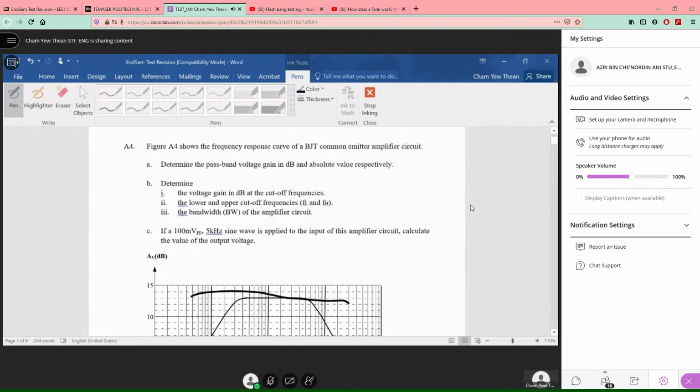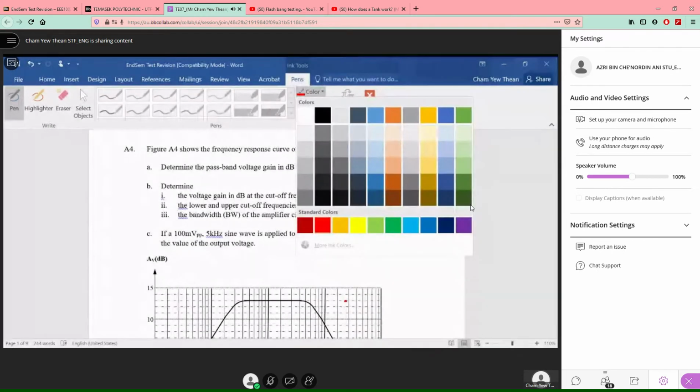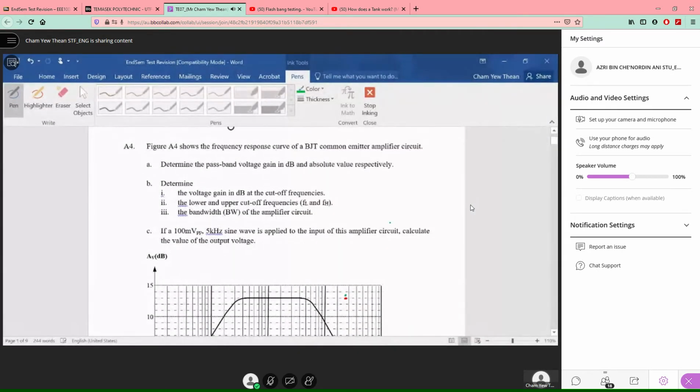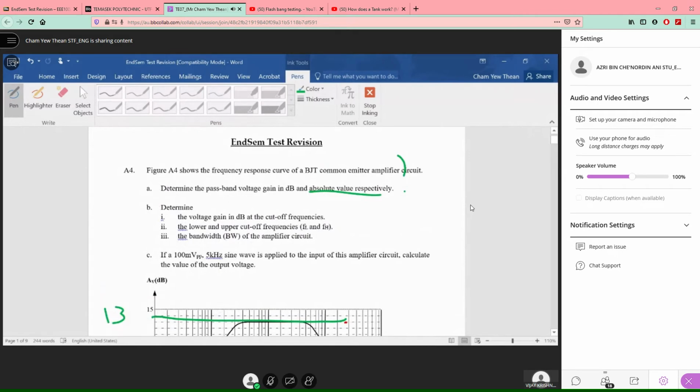Let me draw in a different color, maybe green. So there's the pass band gain. It is 13 decibel. So what is the absolute value? If your pass band gain is 13 decibel, what is your absolute gain? 4.47.